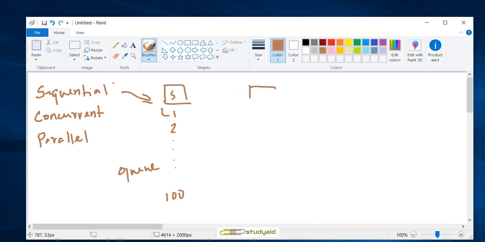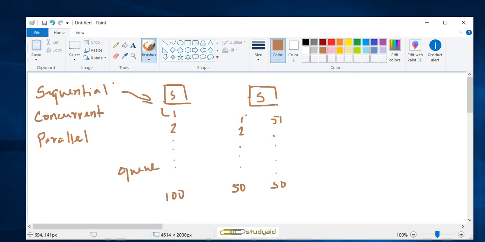Let's say we are going to have the same thing, with the same salesperson, with the same ticket counter. That means the resource is the same, but we are going to have two queues. One queue will have 50 in one line, and the other one will have the other 50.